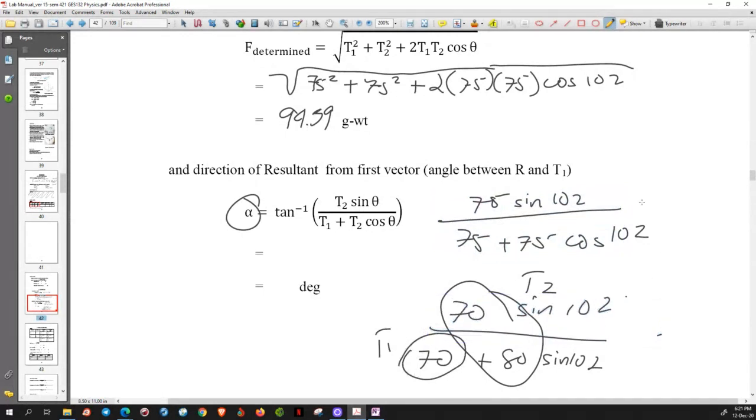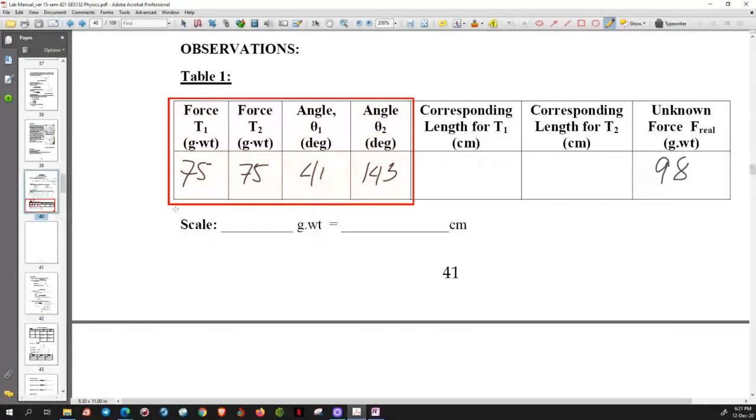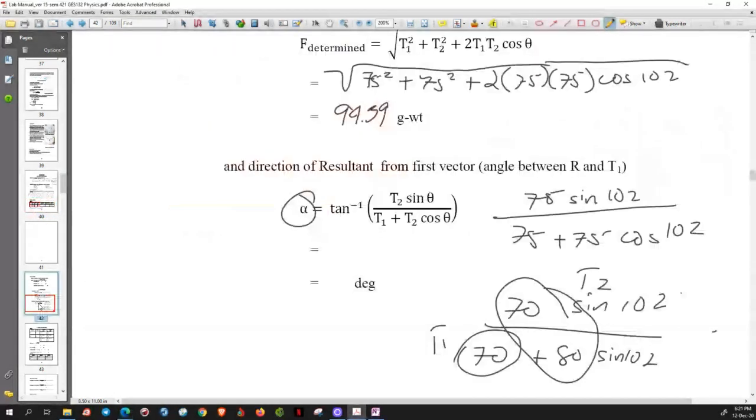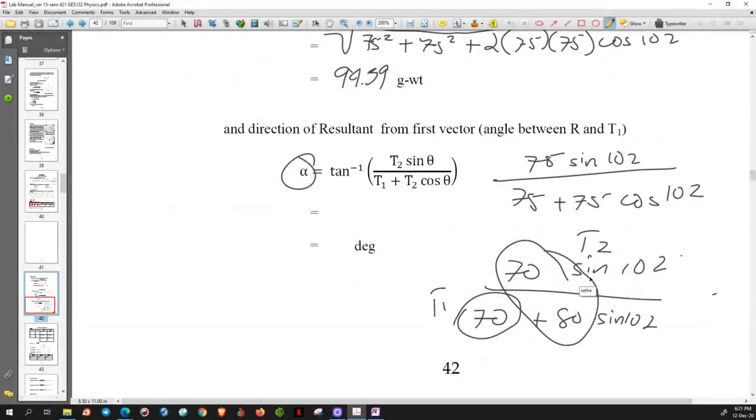If you use T1 and T2 the same number, you can exchange them in the equation and it will not affect the result of alpha. But if you use 70 and 80 here and here, you can use it, but the risk or the problem will be if you exchange them in the calculation, it will affect the result. So you want to use 75 and 75.